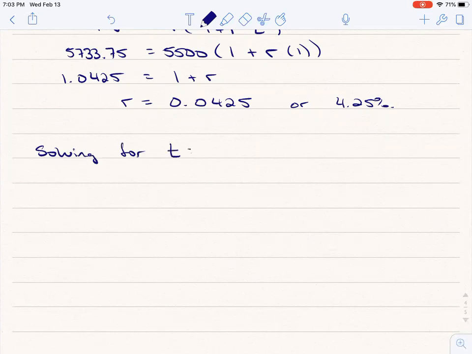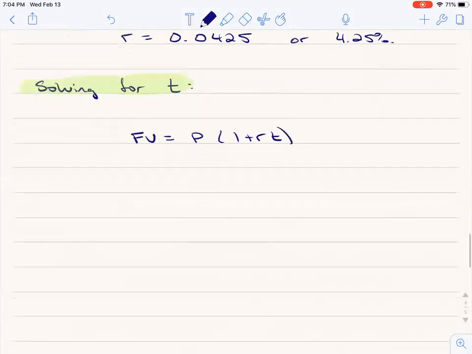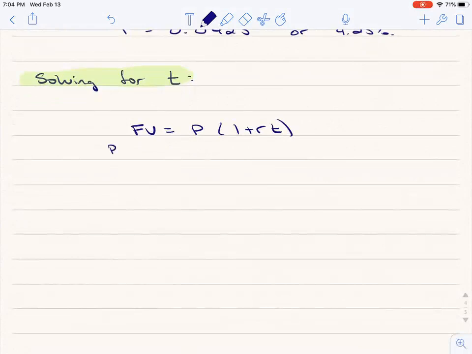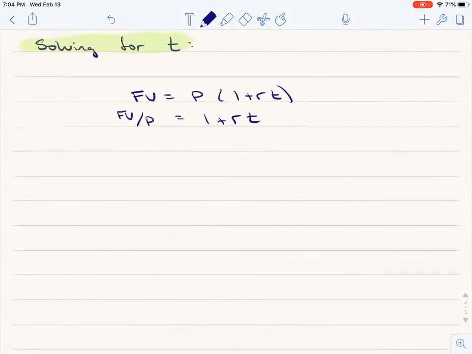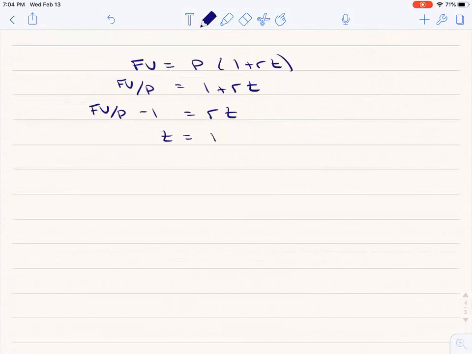Solving for T. Future value is P times 1 plus R times T. Divide both sides by P. Future value divided by P is 1 plus R times T. Subtract 1 from both sides, so we've got the future value over P minus 1 is RT. So T must be future value divided by P minus 1, over R. Same structure, just solving for the other variable.